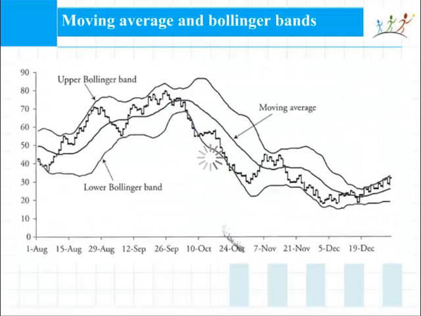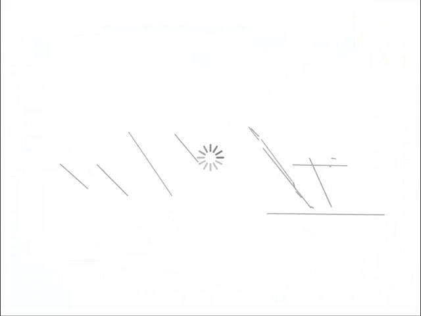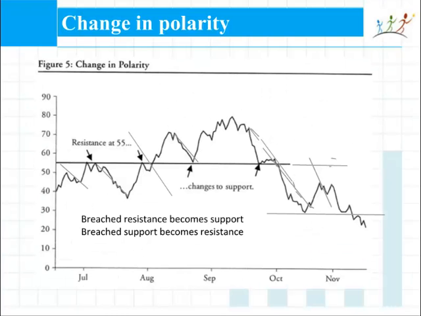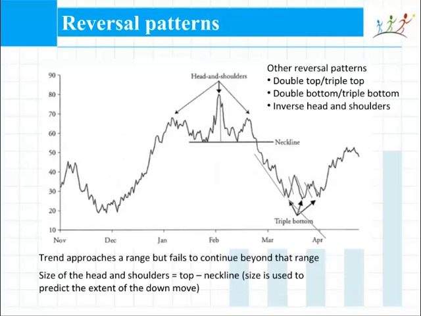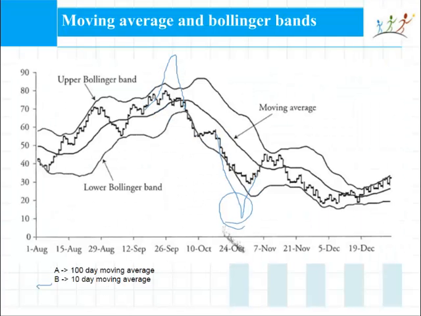So let's use the example of the MACD line. So let's assume the original black line was the exponentially smooth moving average, okay?